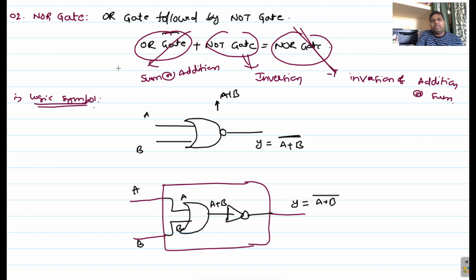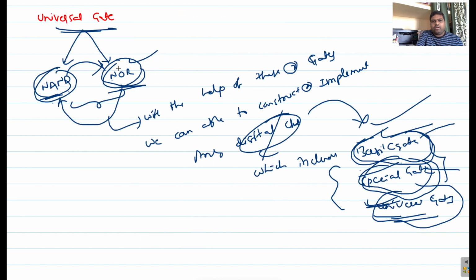And when it comes to the NOR gate, an OR gate is followed by NOT logic. That means inversion. OR is nothing but addition or sum. So inversion of that addition indicates the NOR logic symbol and truth table. And next, the switching circuit diagram of this particular NOR logic.